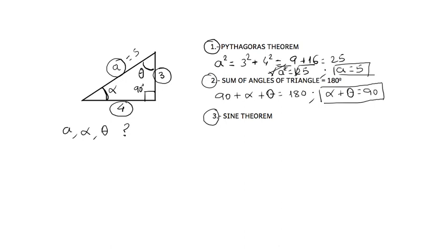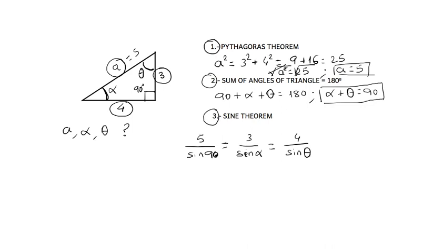Let's take, for example, A, which is 5 over sine of 90. Sine of 90 is 1, by definition, as we will see later. It's equal to any other side, let's say 3 over sine of alpha, equal to 4 over sine of zeta.